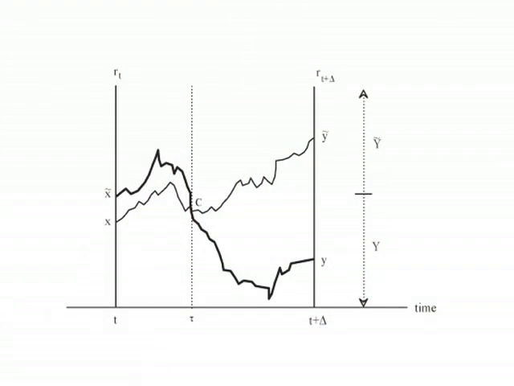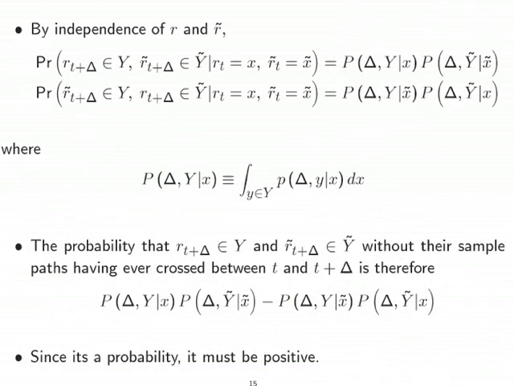Now, so that's the same picture we've looked at before. Now, by independence of R and R tilde, if I take those two processes to be independent, that joint probability without the existence of a coincident state is simply equal to the product of the probabilities, because I took two independent processes.